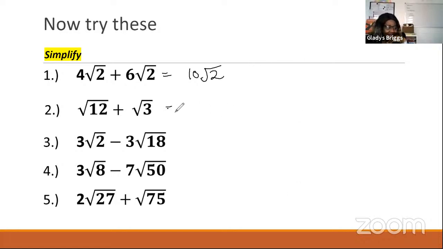And this one was root 4 times root 3 plus root 3, which is 2 root 3 plus 1 root 3.